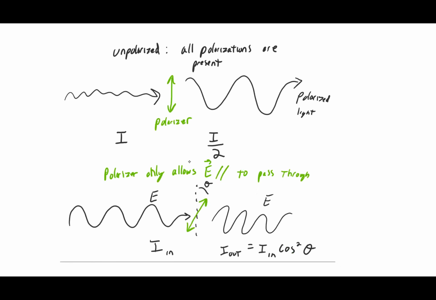So if I have light coming from, say, a light bulb, it's not any particular polarization. It's like a random average of all the different polarizations. If I pass it through a polarizer, now the stuff that comes out is polarized in the same direction as the polarizer. The intensity, rather, is also going to drop to half.